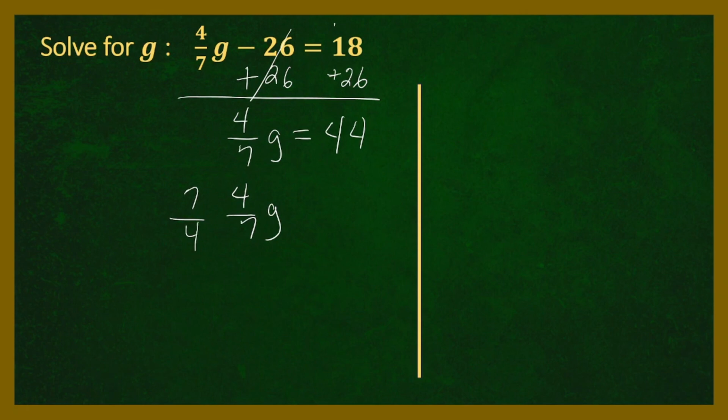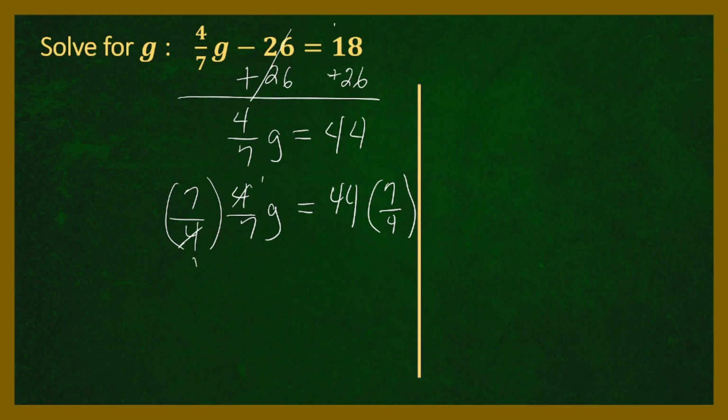And another way to say reciprocal is the inverse. So now we have 7/4 times 4/7 G is equal to 44 times, and we're going to multiply that by 7/4 as well, because we must keep our equation balanced.